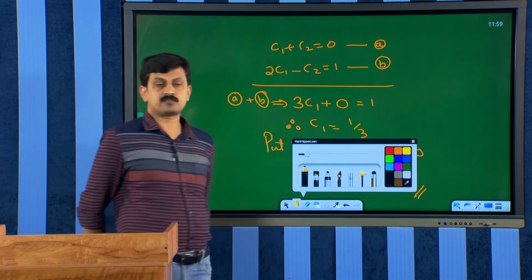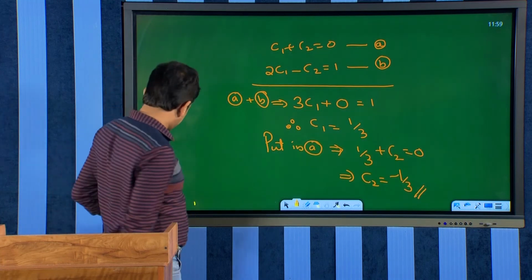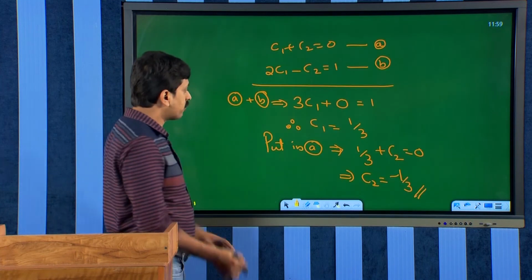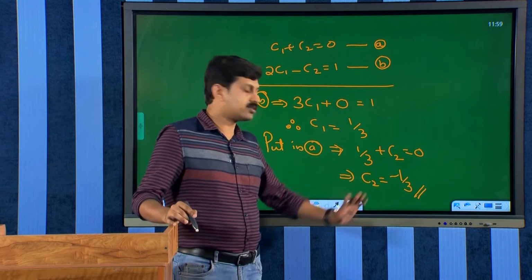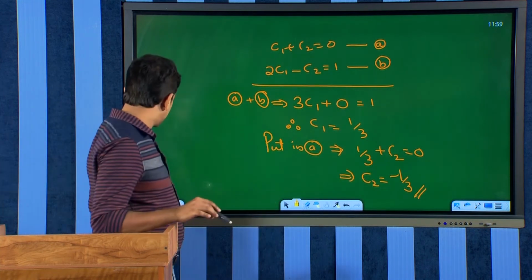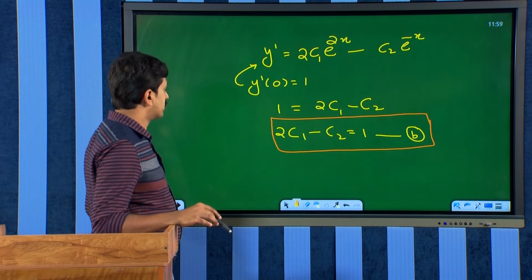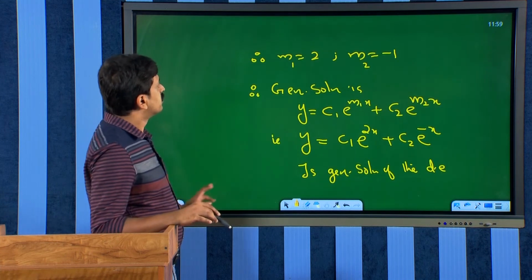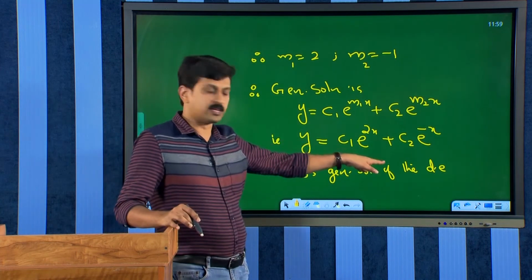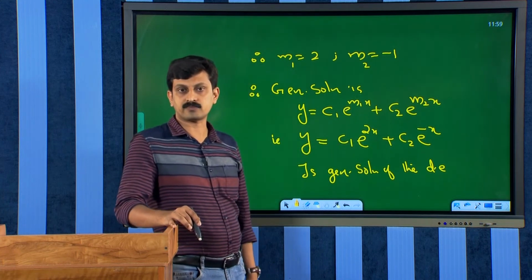Same idea, students, we found C1 equal to 1 by 3 and C2 equal to minus 1 by 3. Therefore, the particular solution of the differential equation is y equal to C1 e raised to 2x plus C2 e raised to minus x.